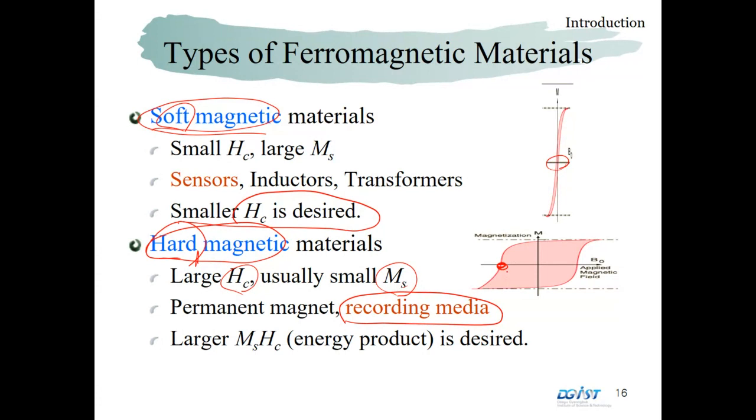And the important thing in a hard magnet, the figure of merit, is a larger product of MS and HC, which is called the energy product. So this MS multiplied by HC means this area. And the unit of this area is energy per volume. So that's what we call the energy product. And if we have a large energy product, it means a good permanent magnet.